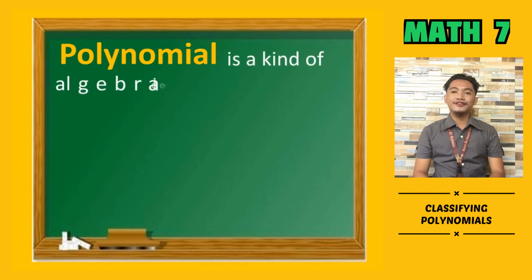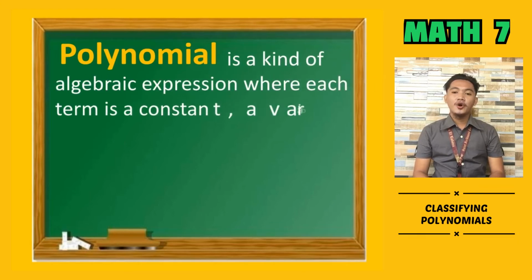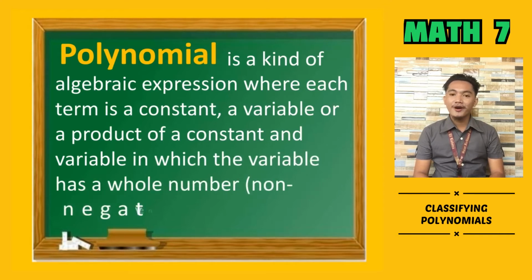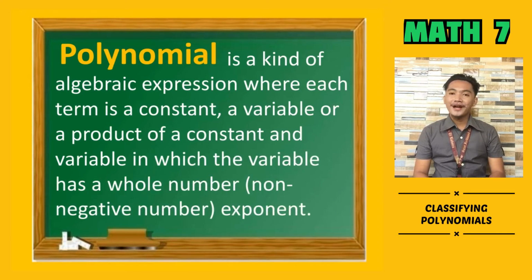A polynomial is a kind of algebraic expression where each term is a constant, a variable, or a product of a constant and a variable in which the variable has a whole number or non-negative exponent.